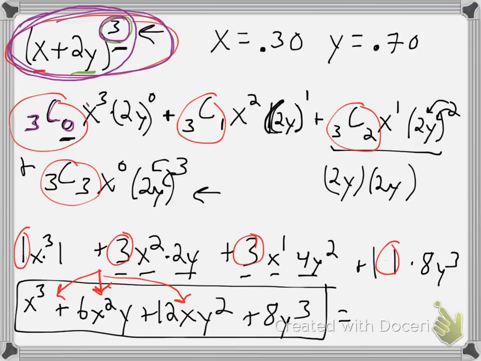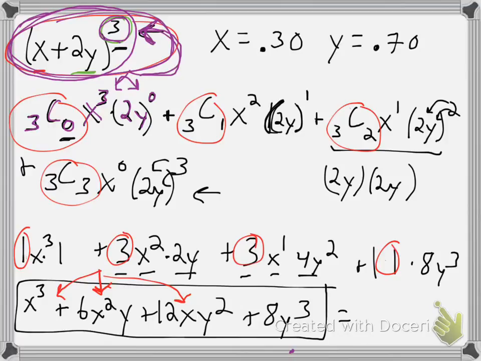And then we're going to do x to the third power. Well, if we raise x to the third power, that means 2y has to be taken to the 0 power. Remember, these two powers always have to equal whatever that is.